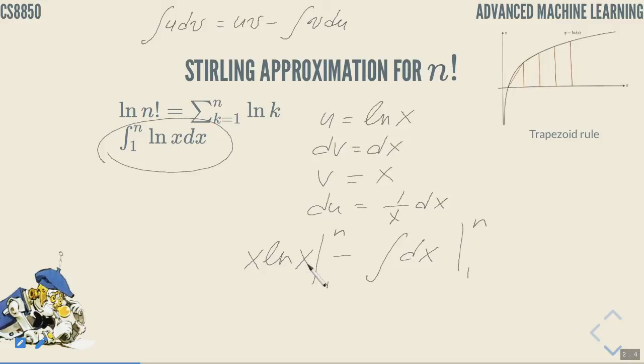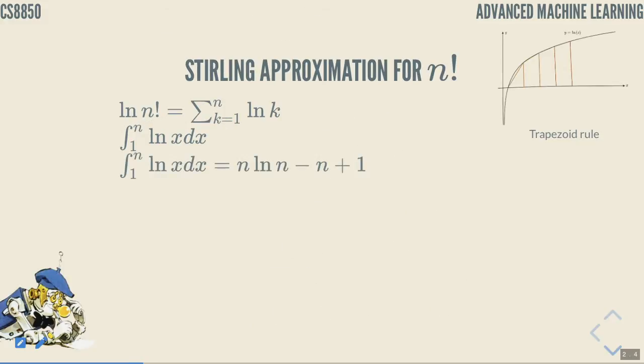If we plug in 1, log of 1 is 0, so we will get n log n minus n plus 1. I believe so. Let's check my notes. Yes. So we integrated this definite integral, and we got this expression.